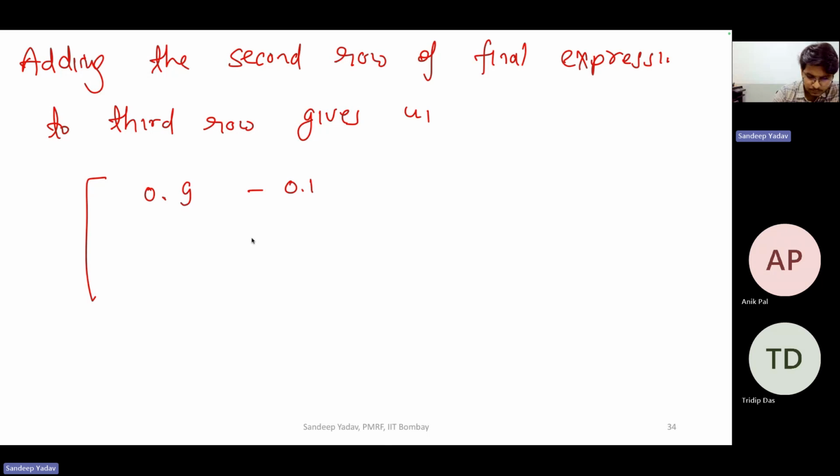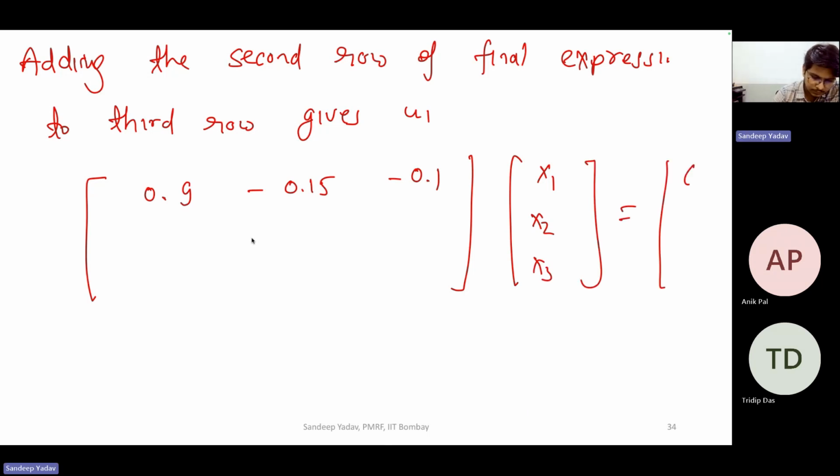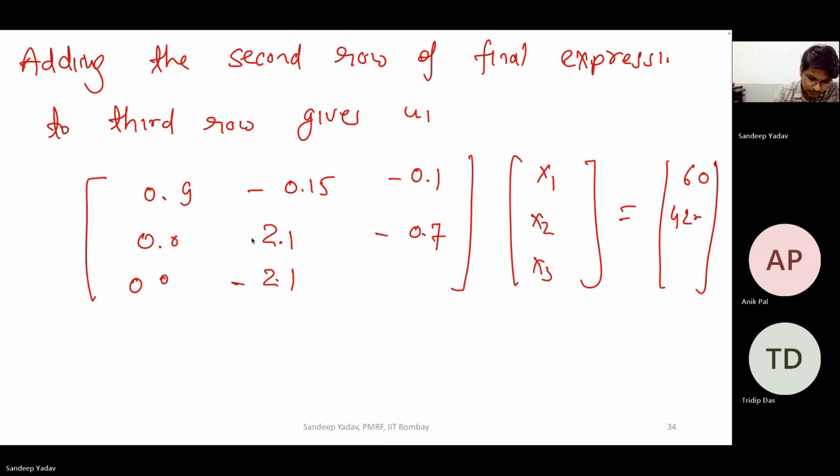The first row would be similar, 0.15, 0.1, with x1, x2, x3, equal to 60. The second row would also be the same, 0, 2.1, minus 0.7. Now we are adding the second row to the third row, which gives 0, 0, and 13.5.